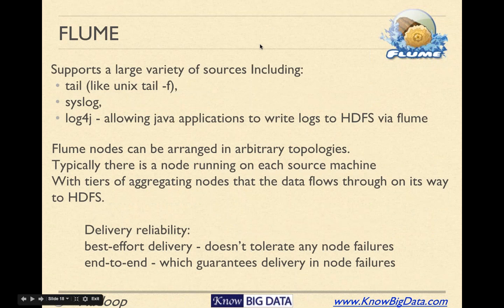Flume supports a large variety of sources, including tail -f. So what does tail -f do? Tail -f follows a file. As and when new lines are being written to the file, tail -f keeps on reading those newly added lines. While tail only gives the last 10 lines and then exits, tail -f is a continuous process. Similarly, Flume is a continuous process.